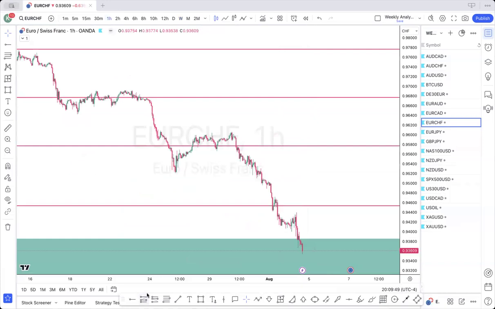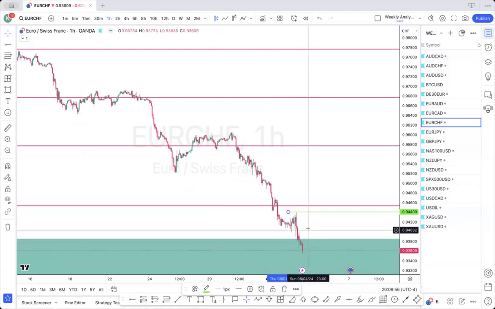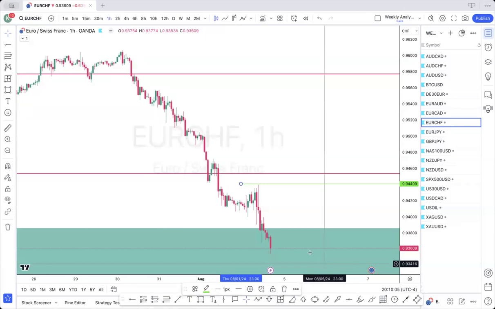So right now your 1 hour swing high is here. So if and when price breaks this high, I don't see anywhere where price would come.